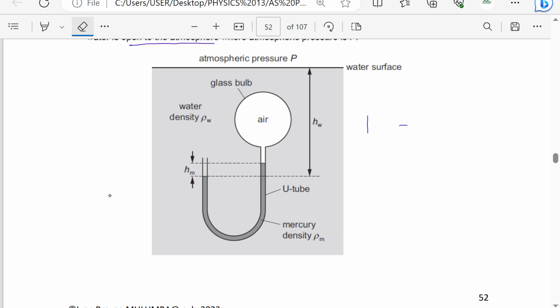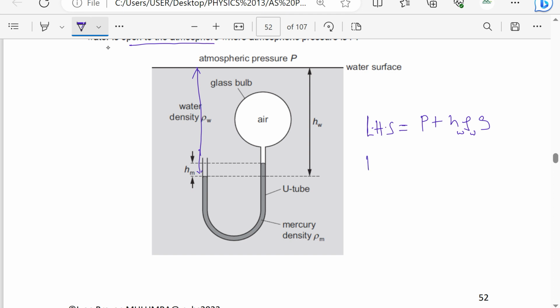Because on the left hand side it is open, we have atmospheric pressure plus the pressure due to that liquid, that is going to be hρg. Pressure due to this liquid here. So this is going to be P plus hρg, for water, density of water, and g.